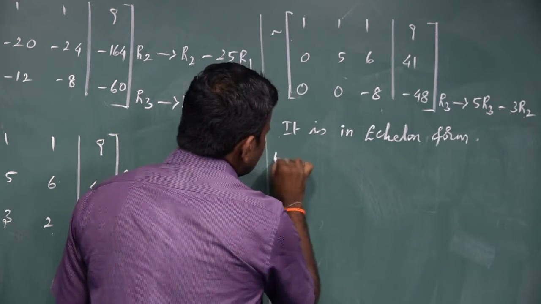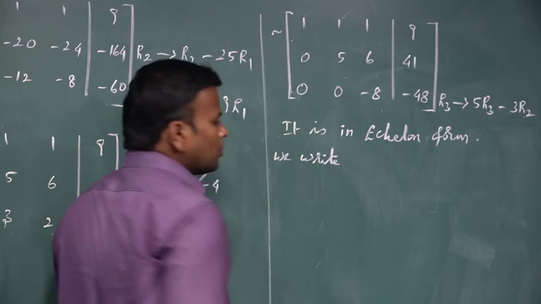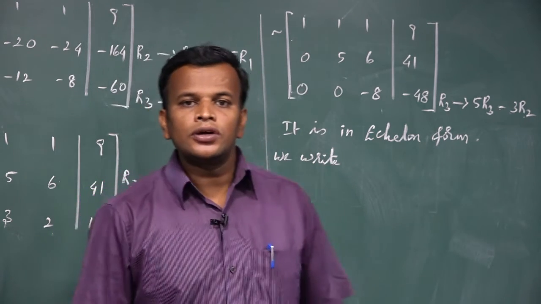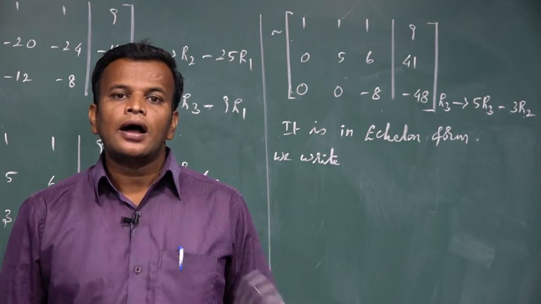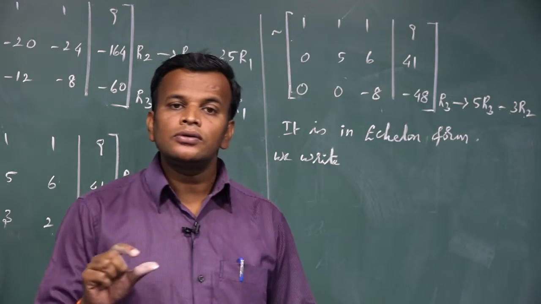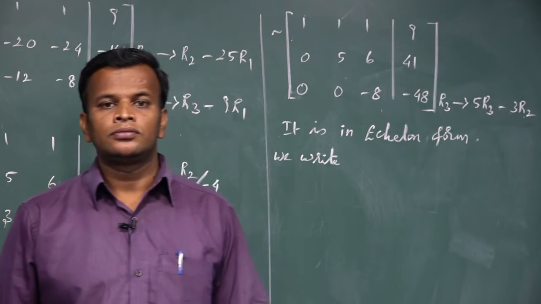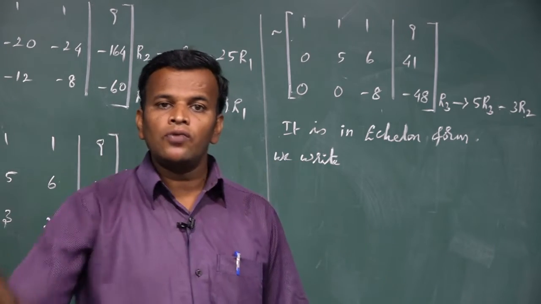What is the next step? Do you remember? After we convert to echelon form in the Gaussian elimination method, we again write the given matrix form into the equation form. That is, we convert the matrix form again into the system of equations.